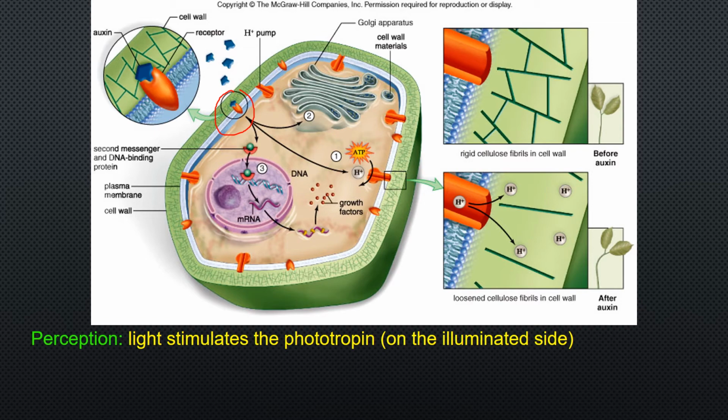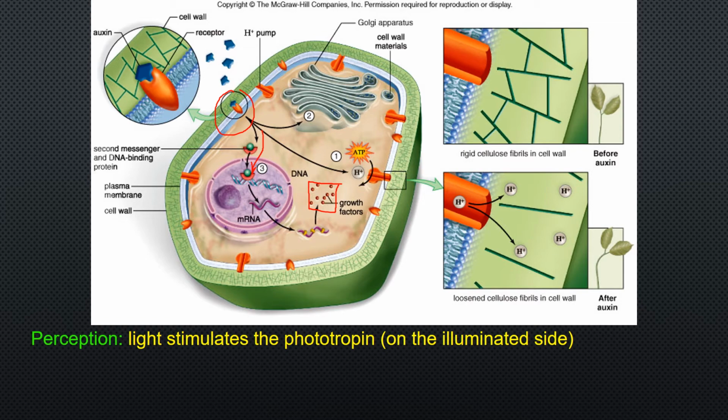One of which is going to be a change in our transcription. So we have growth factors that are going to be produced. Remember, we said that we had cellular processes that were changing as well as genetics. So we have turned on the gene to produce growth factors.